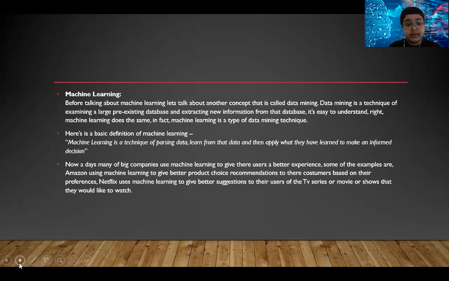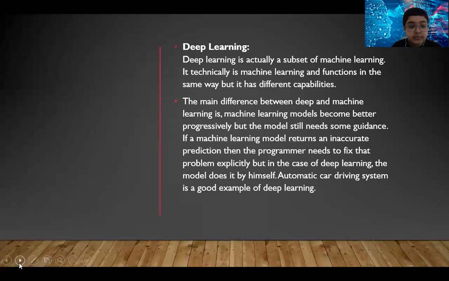Some examples are Amazon using machine learning to give better product recommendations to customers based on their preferences. Netflix uses machine learning to give better suggestions to their users of the TV series, movies, or shows that they would like to watch.